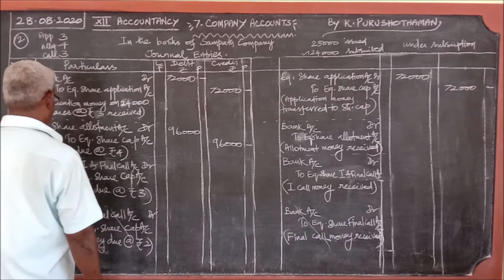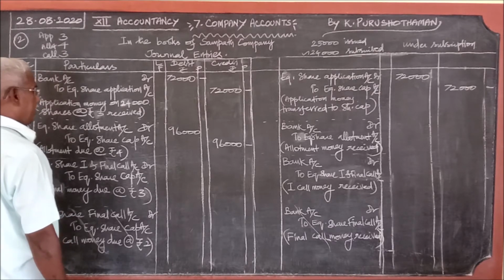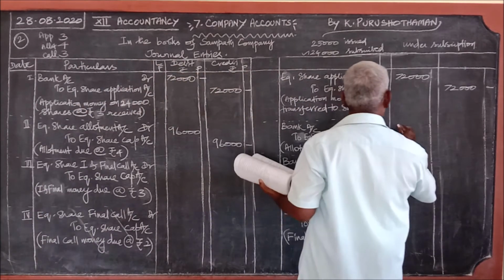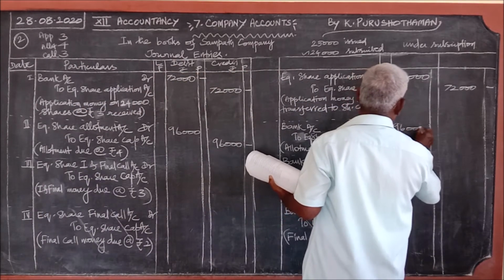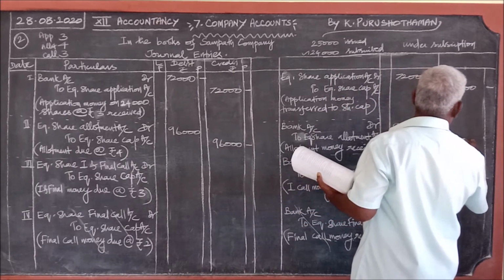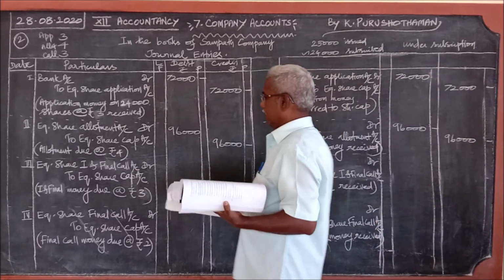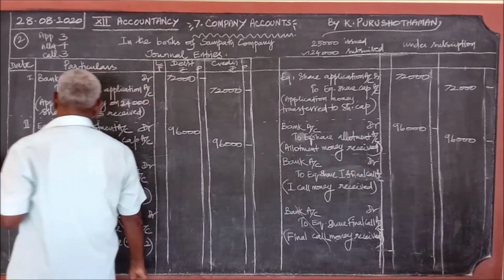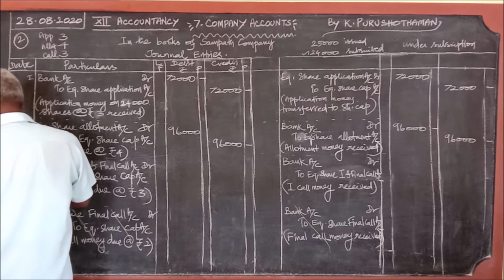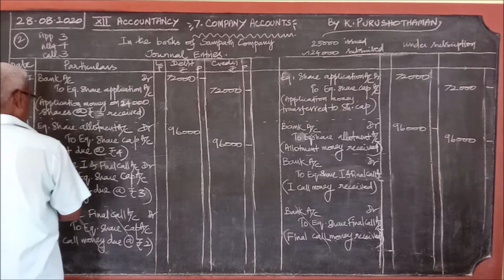And the first and final call money at the rate of rupees 3, the same 3 into 24,000. Here the same 96,000 you can write. And the third and fourth parts are combined together. You can go through the question: 4 on allotment, rupees 3 on first and final call.